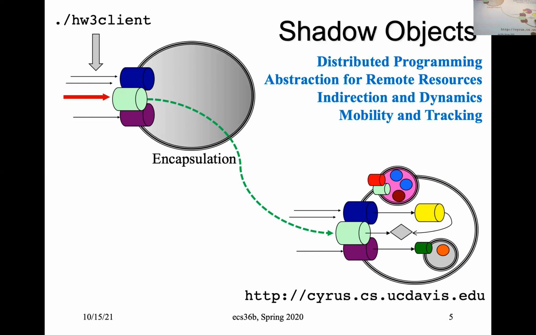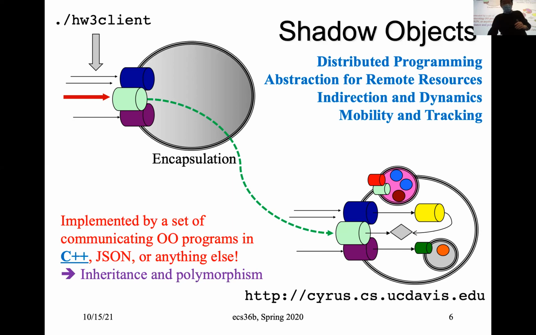For example, the first time I call this shadow, it might connect to this resource. But if the internet is down and performance is bad in that area, you can redirect to different resources, and your local side is totally transparent to those changes. That's why shadow objects provide a lot of mobility and tracking.